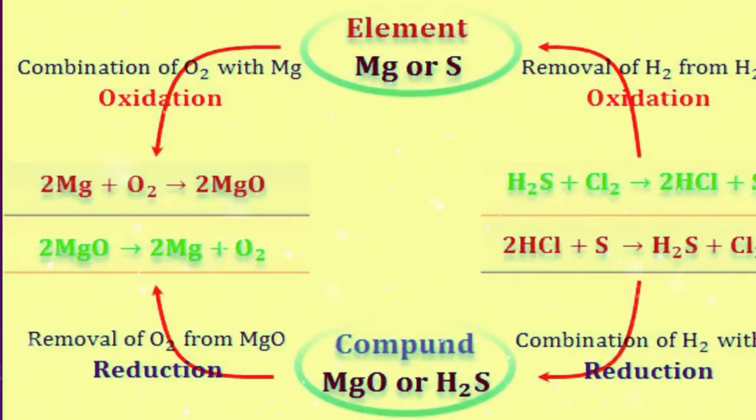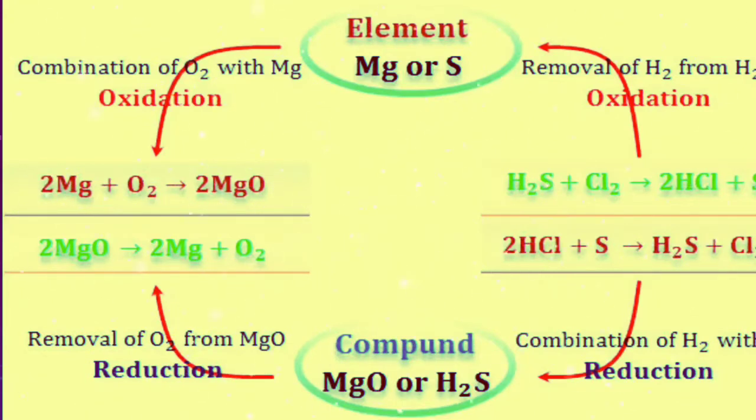An agent means something which causes the other element to be reduced or oxidized. Magnesium gives 2 electrons which are added to oxygen, that's why magnesium is called the reducing agent. Reducing means it is giving electrons to the oxygen atom.